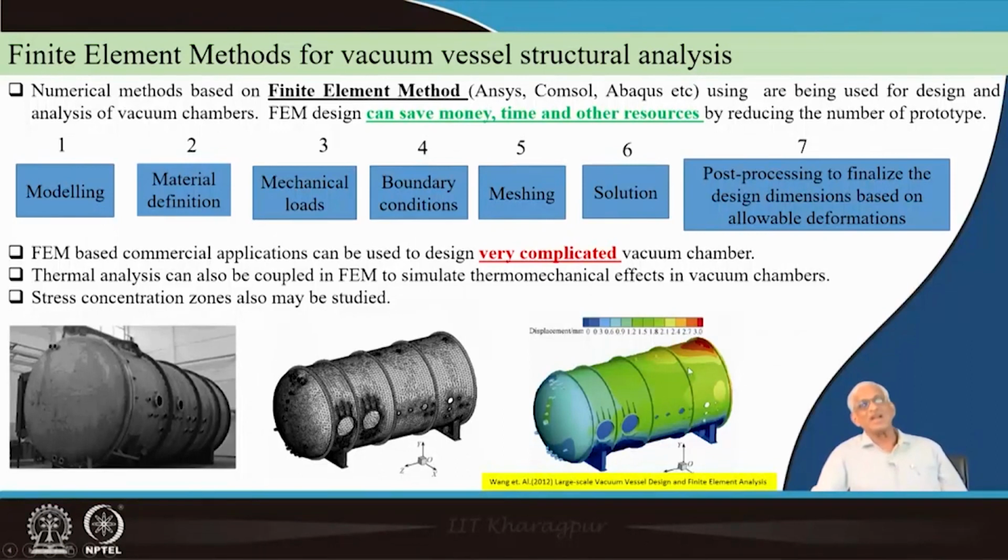A little later, when we look at the applications in ITER or nuclear particle accelerators or space simulation, we will see how complicated the shapes are. If you go to the journal Vacuum or Journal of Vacuum Science and Technology, quite often you will find lots of papers with complicated vacuum chambers, etc., and stress calculations are done. You will get a variety of publications. They are very important publications. Okay.